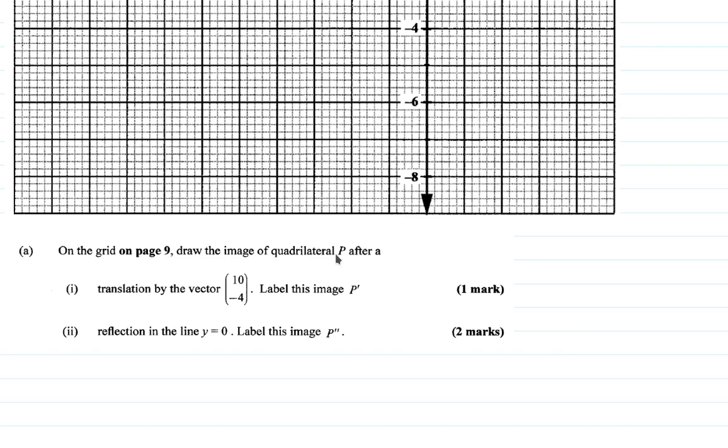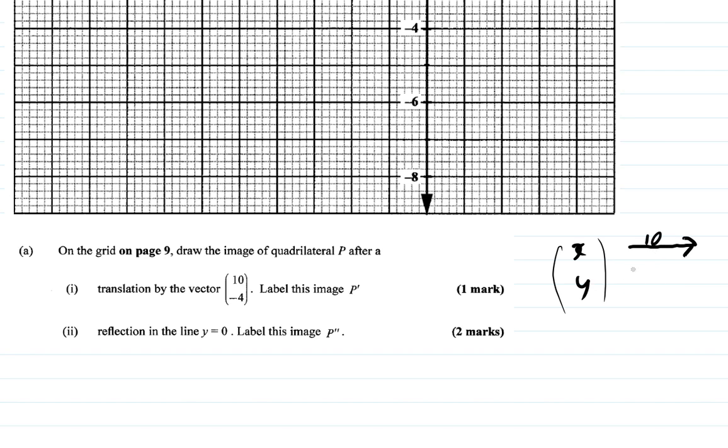Draw the image of quadrilateral P after translation (10, negative 4). Remember now, (10, negative 4) is in the form (x, y). 10 means x is positive 10, so it moves 10 places to the right.